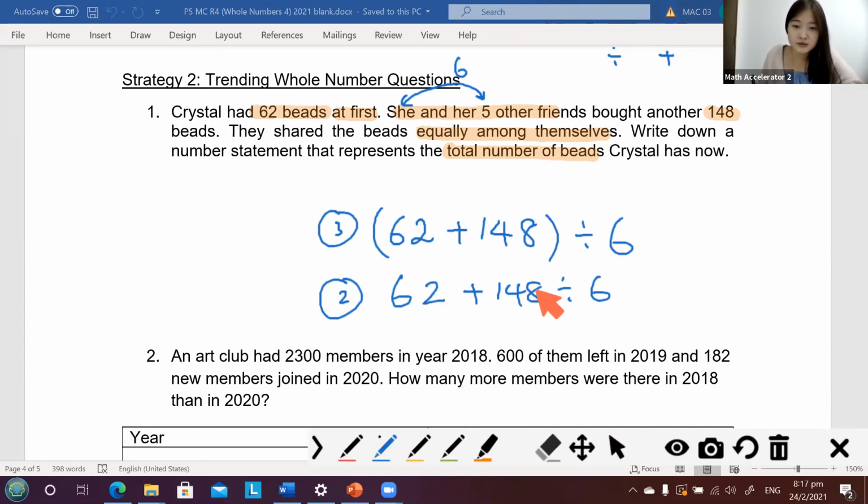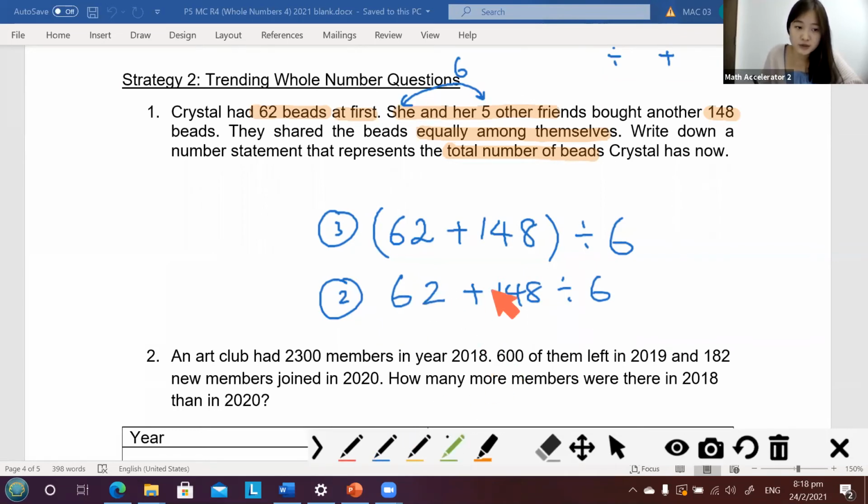You see this 62 plus 148 divided by 6. If you did your order of operations, plus and divide, which would you do first? Plus or divide? Which one comes first? For option 2, you will do divide first, correct?